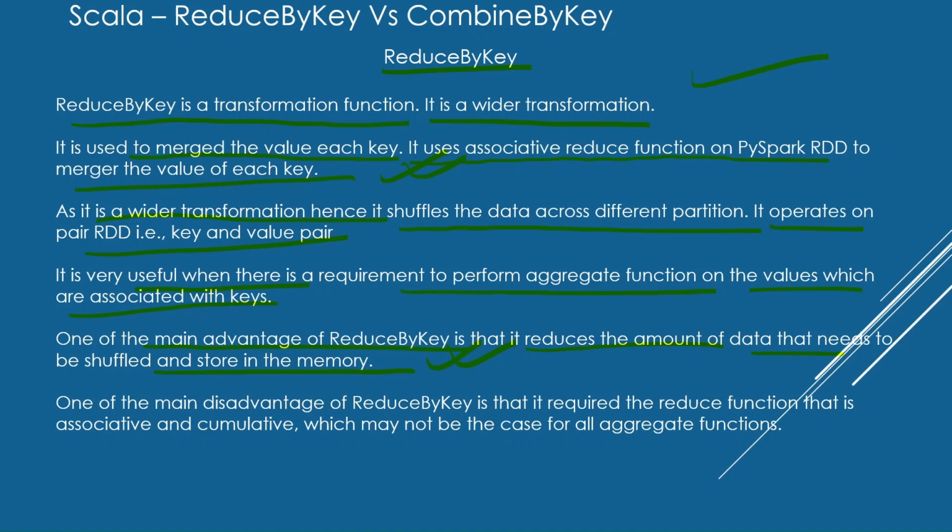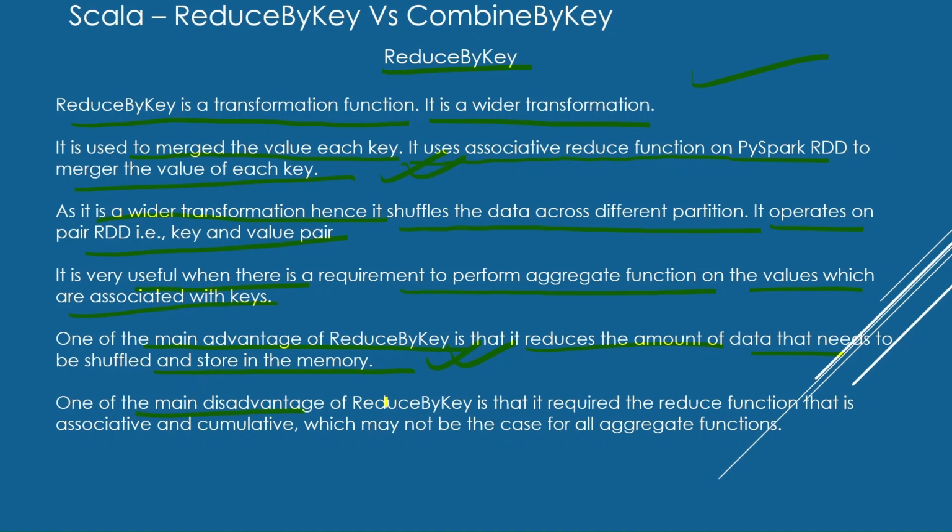So when the data is reduced drastically with the help of a reduction function, the data will sit in the memory well, and when the shuffling happens, due to the small size of the data, the shuffling will become very fast.